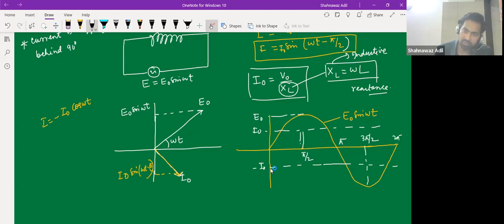So it is starting from here, then it will reach here, and then it will go in here. So in here it will be maximum, and then it will come again, and then it will reach in here. So this was the graph that we did.